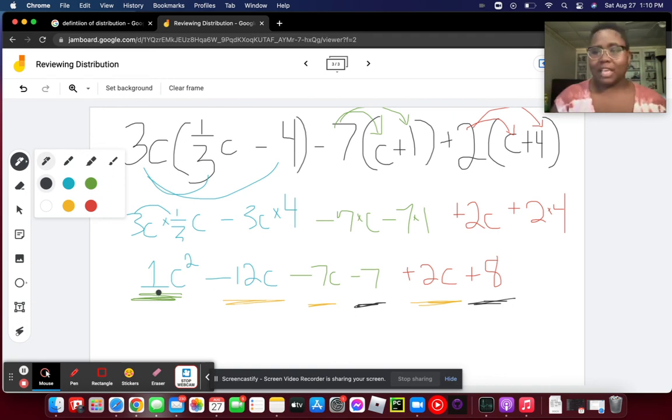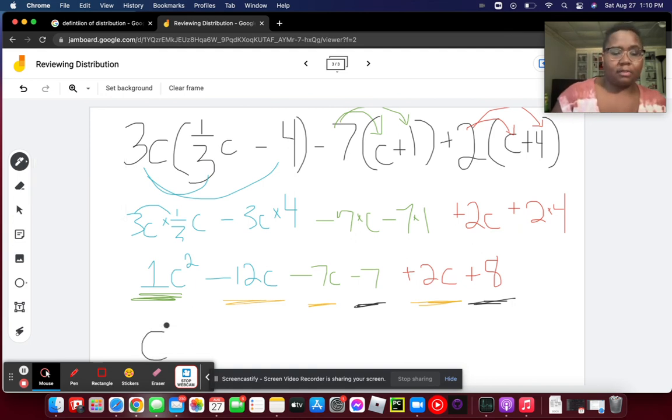That is not the same type of expression as 12c, which only has 1c. So I'm not going to combine c squared with 12c or 7c or 2c. I will combine negative 12c, negative 7c, and 2c with each other. C squared just stays by itself. 1c squared, we can't do anything with that.